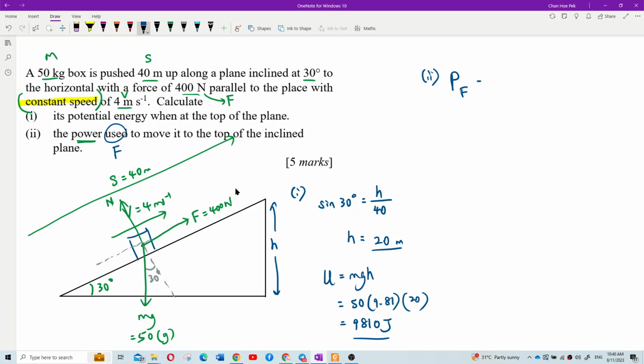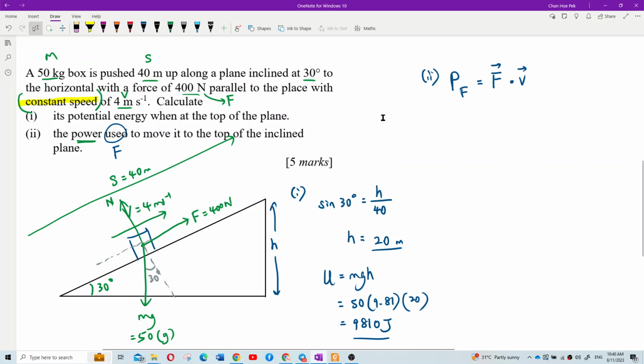So power is F dot V. Whereas work done is F dot S. Power is F dot velocity. Remember, revise back your chapter.